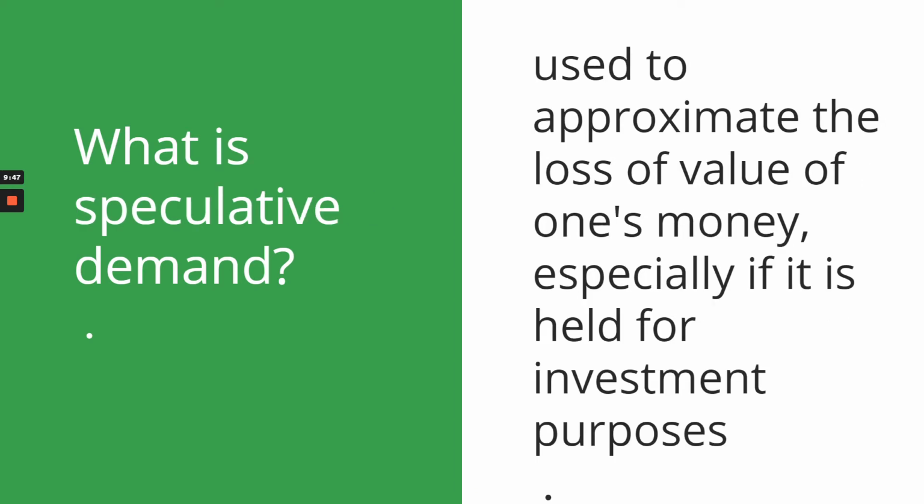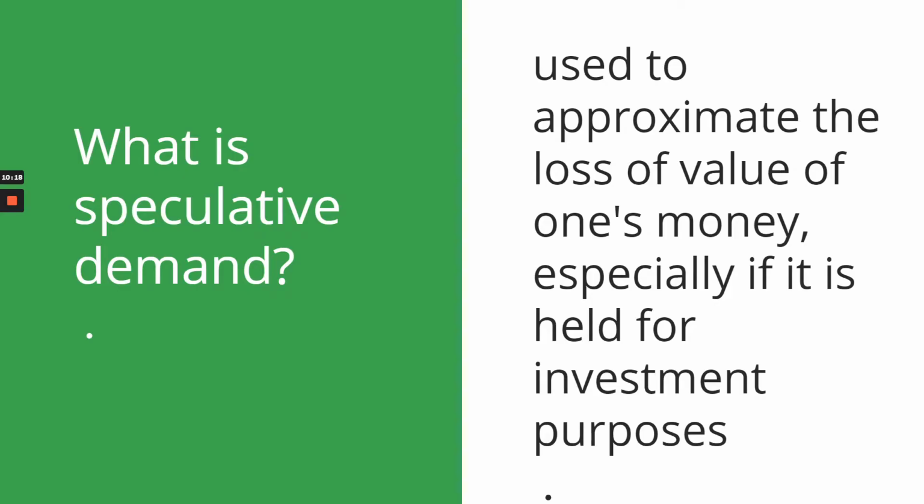This is used to approximate the loss of value of one's money, especially if it is held for investment purposes. So kanang mga ginagamit nato for, let's say for example, investment, kanang mga VUL, mga mutual funds, stocks. Those are speculative demand for money. Dili gyud na siya cash pa, right? So those are the three forms of money demand.